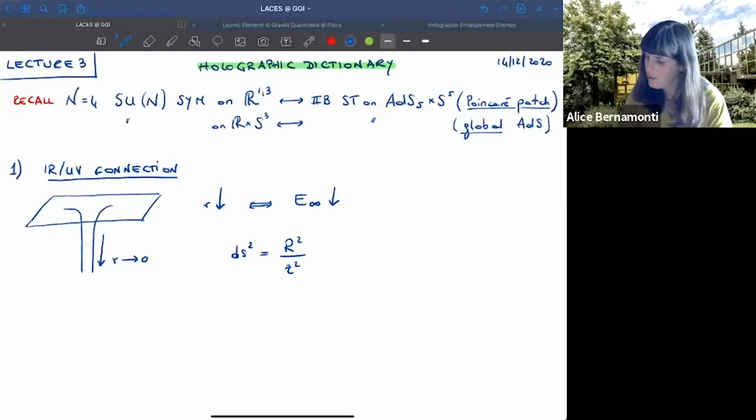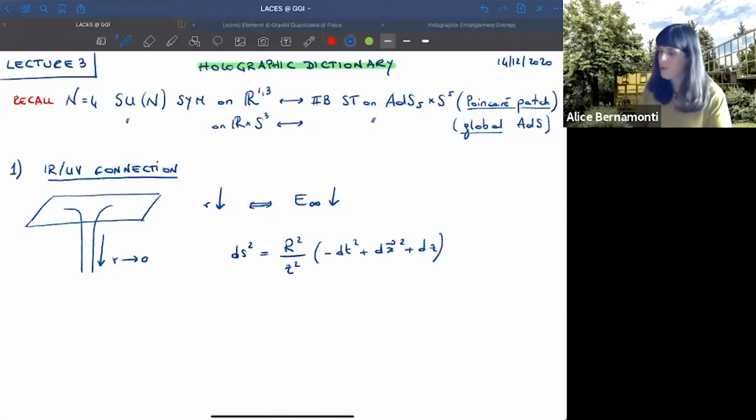Let me write it in the z coordinates which we introduced, for which the boundary of AdS is at z going to 0. Here t and x define the boundary coordinates in the super Yang-Mills theory.